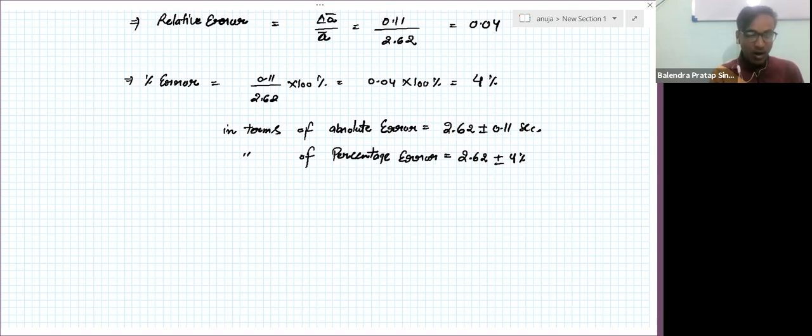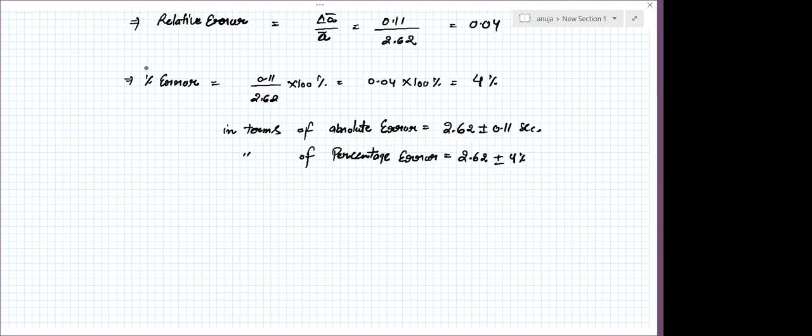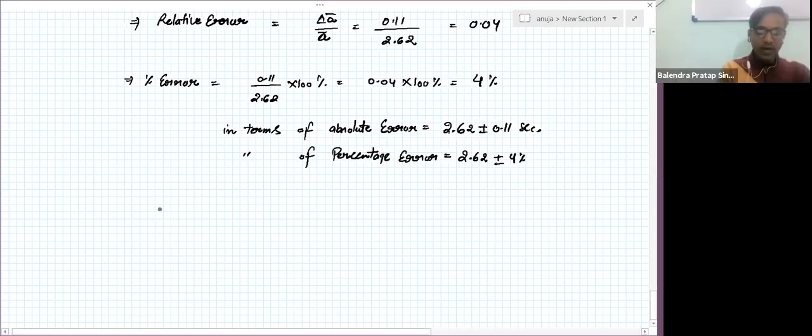These are all formula based, and you can solve all the problems on finding errors. Is it clear, or do you have any query? Clear. So now let's go to the next part, combination of errors.